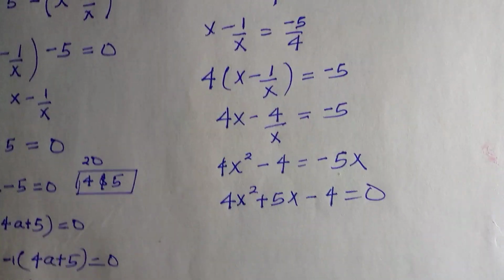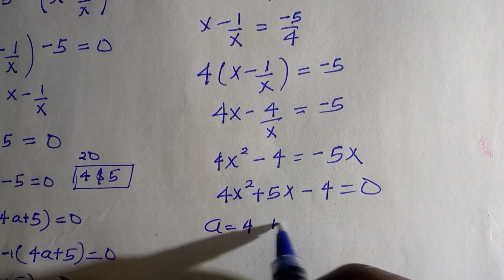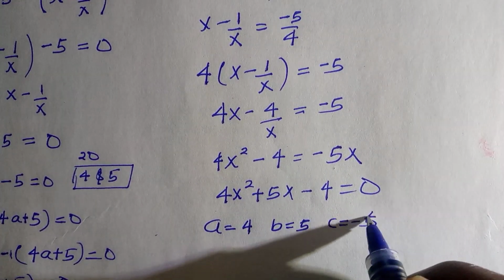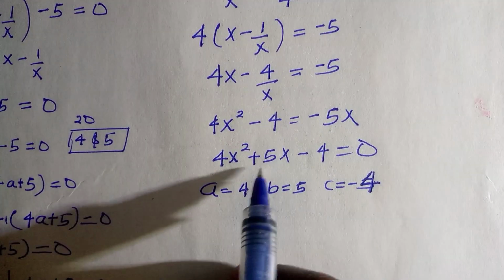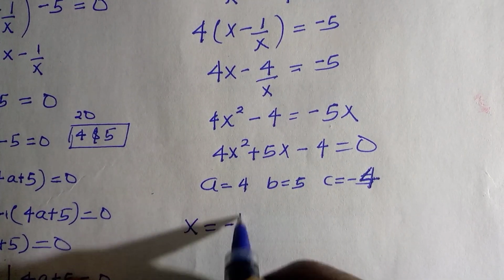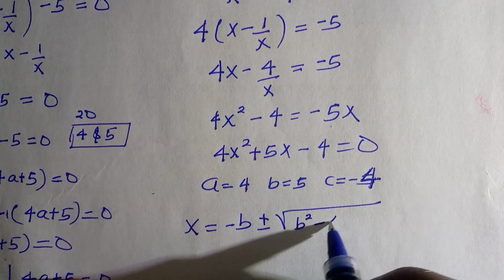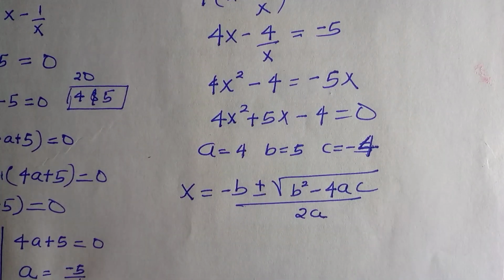This is another beautiful quadratic equation which you can solve with a equals 4, b equals 5, and c equals minus 4 rather. We can plug into the quadratic formula everything we have here. We have x equals minus b plus or minus the root of b squared minus 4ac divided by 2a.